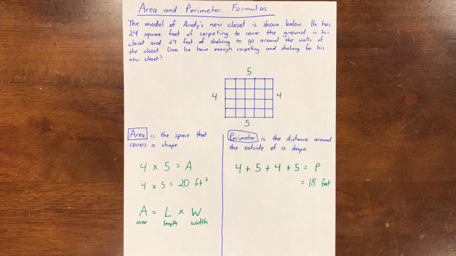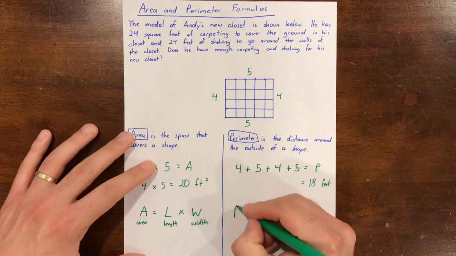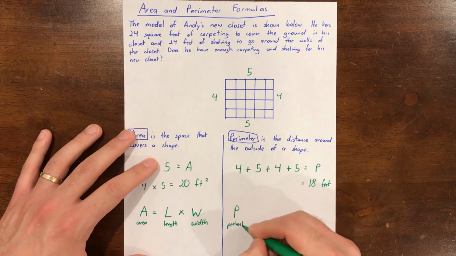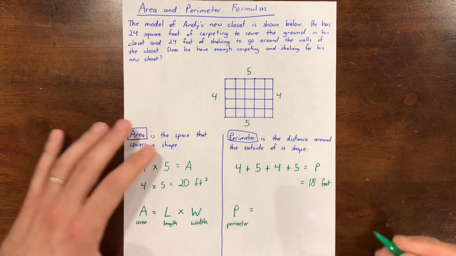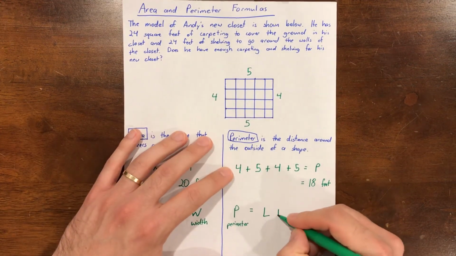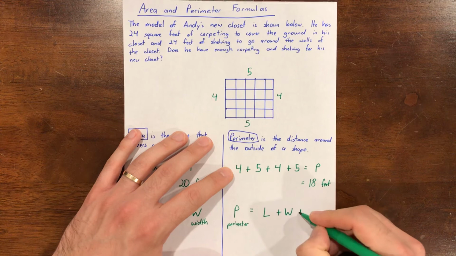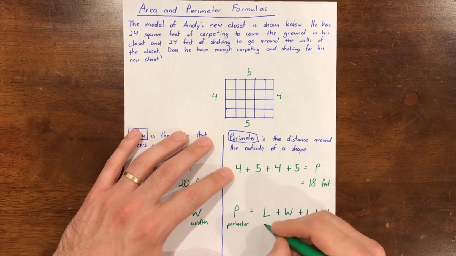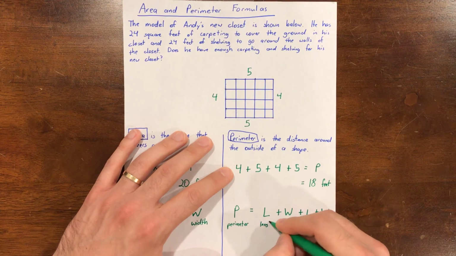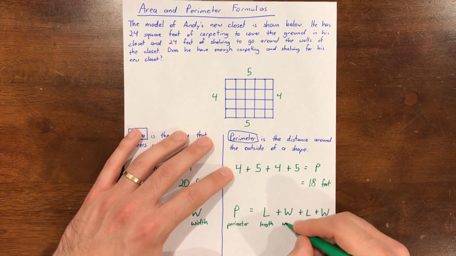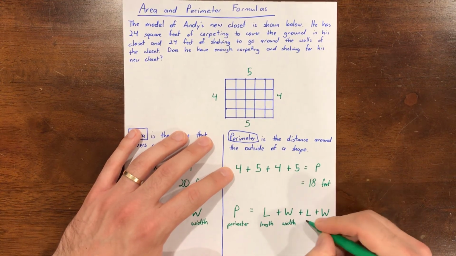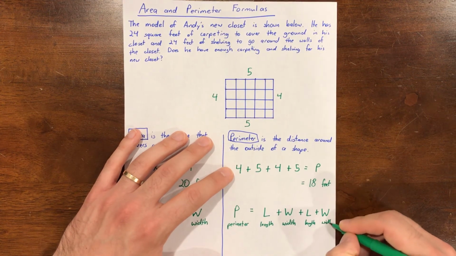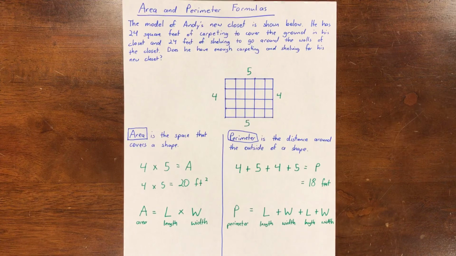Yeah, we could find the perimeter, P for perimeter, by adding the length plus the width plus the length plus the width. I'm going to label these so we remember what they are. Length and width. Wait a minute.